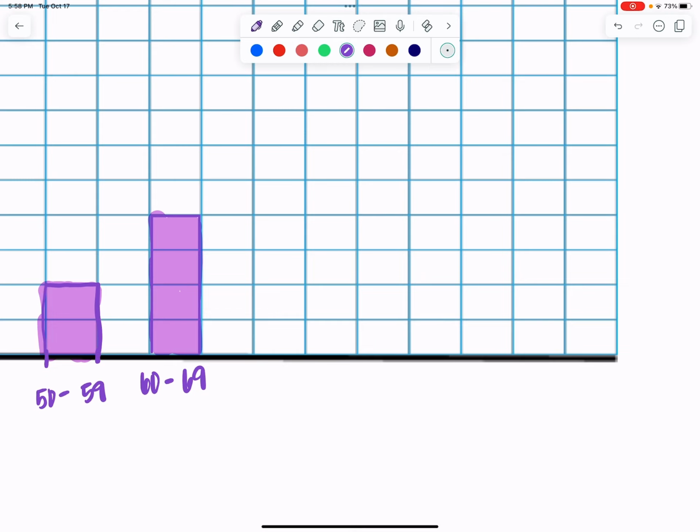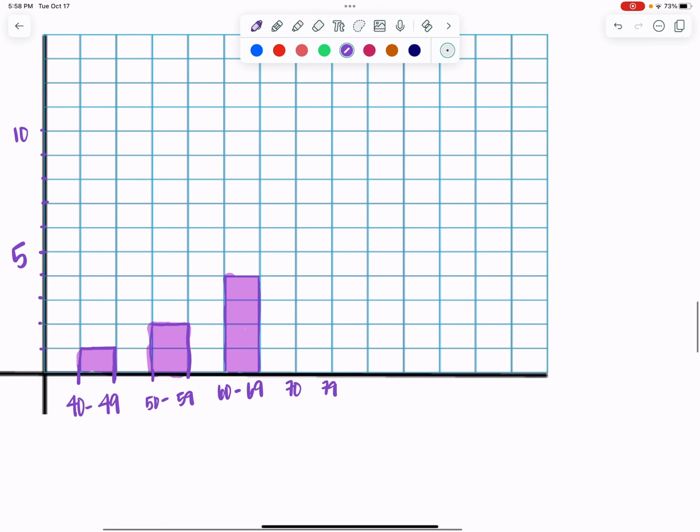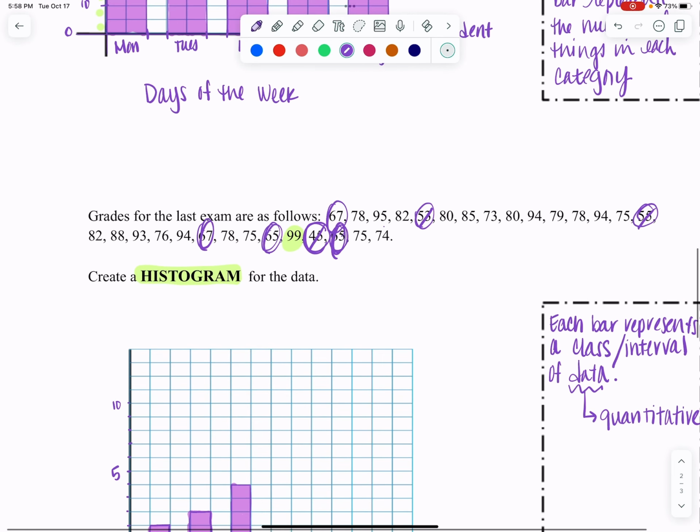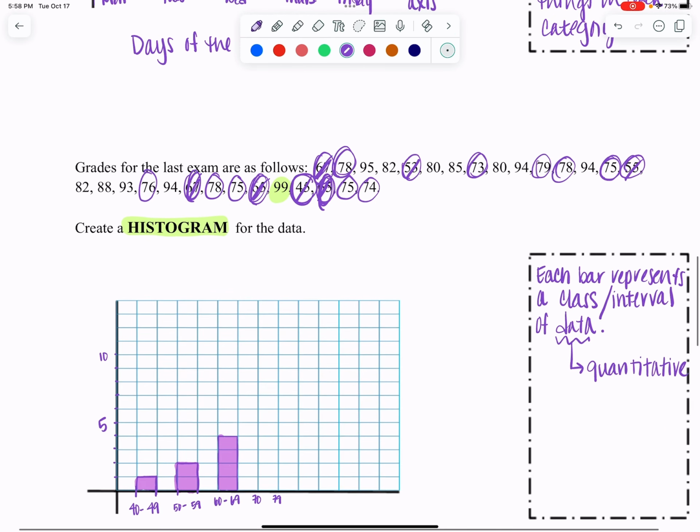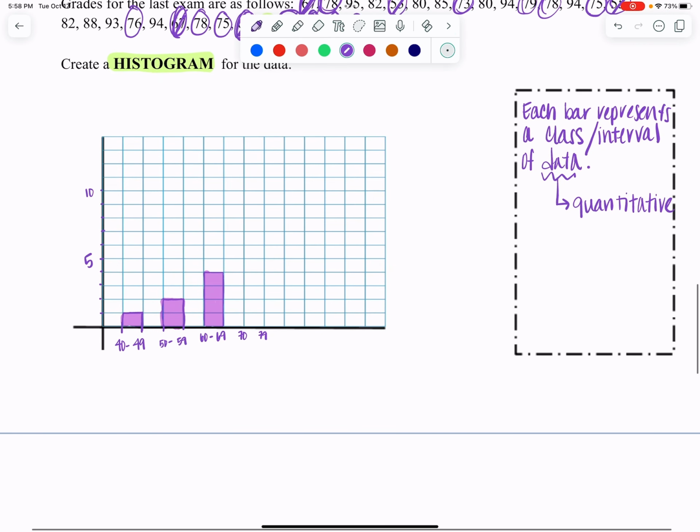So then we'll go from 70 to 79. And cross out the ones I've used. Here's 78. 2, 3, 4, 5, 6, 7, 8, 9, 10. So we have 10 in the 70 to 79 range.